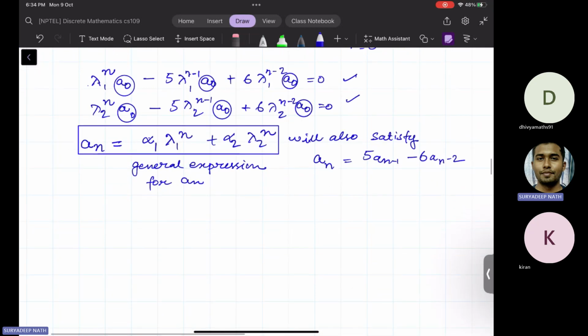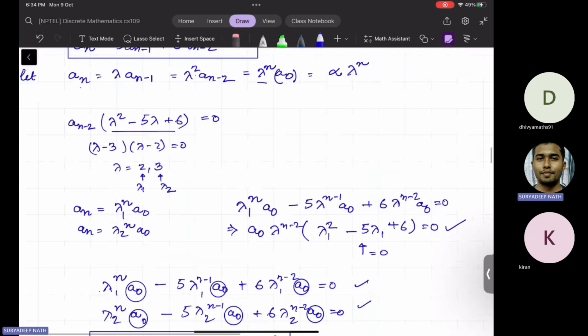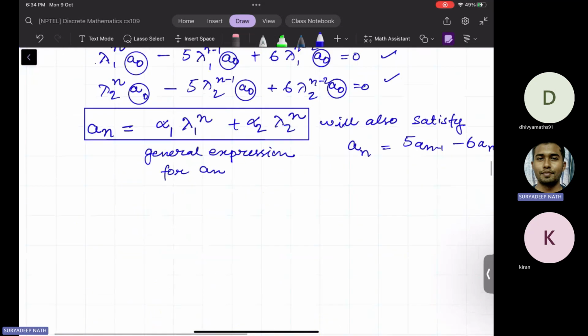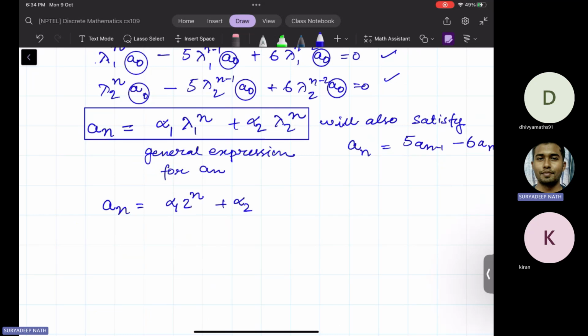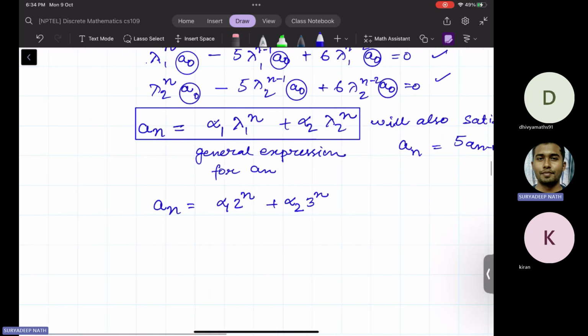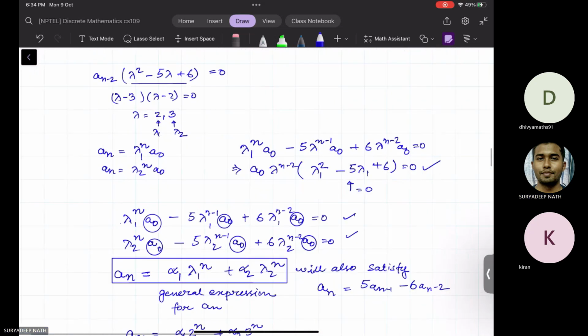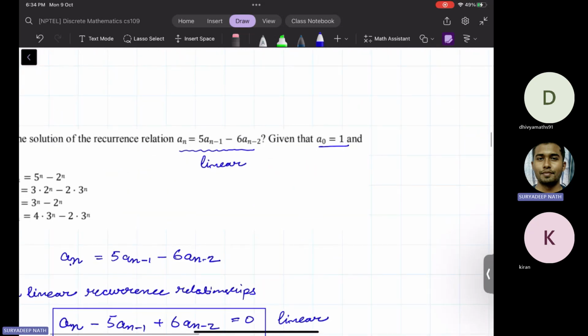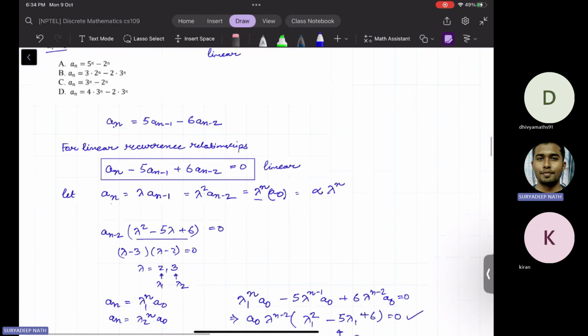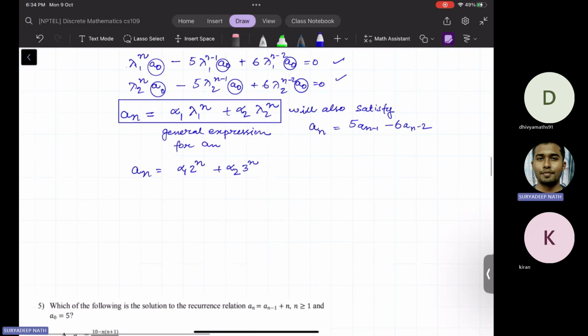So now what we'll do is, we know lambda 1 and lambda 2. Lambda 1 was 2 and lambda 2 was 3. So basically a_n is alpha 1 times 2 to the power n plus alpha 2 times 3 to the power n. Now in the question it is given that a0 is 1 and a1 is 0.